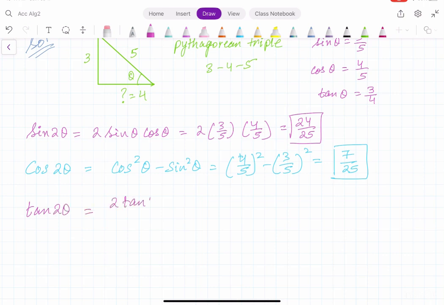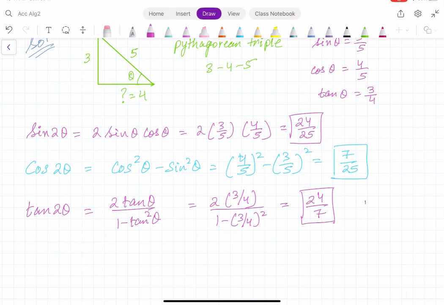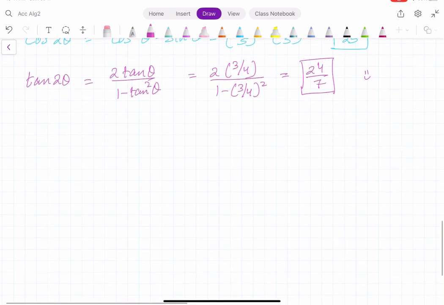It is 2 tangent theta divided by 1 minus tangent squared theta. So tangent theta is 3/4. Be careful with subtracting fractions. When you subtract or add with unlike denominators, you need to make a common denominator. So these are your lovely happy answers.